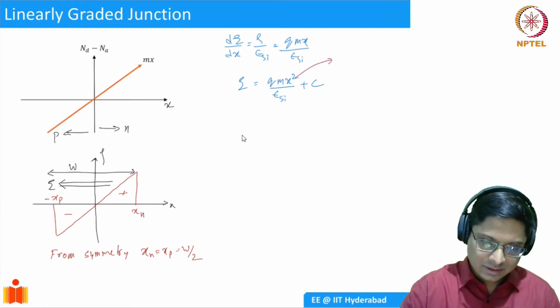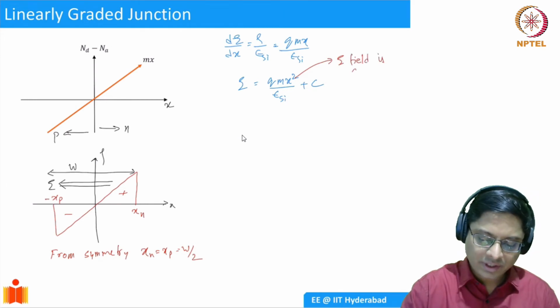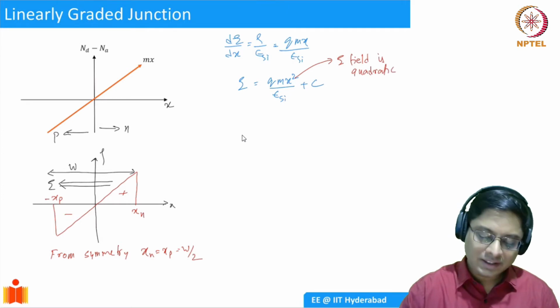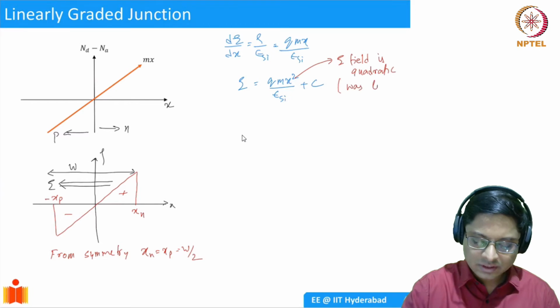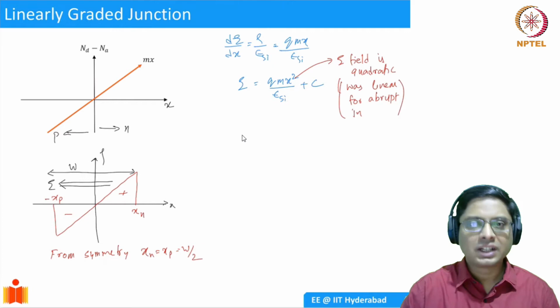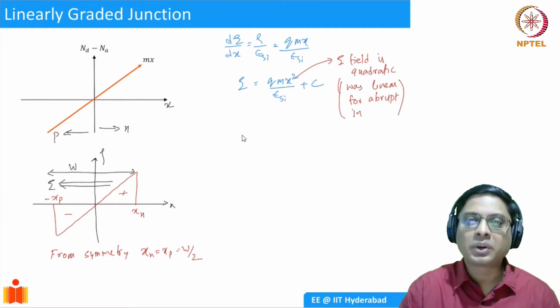Here, the E field is quadratic. In the abrupt junction case, it was linear, because there you had a uniform doping.